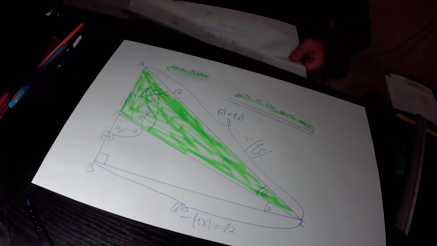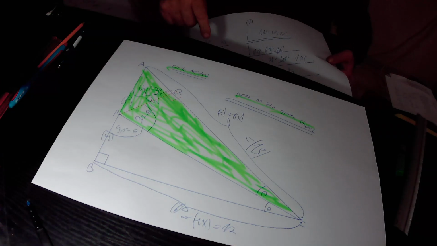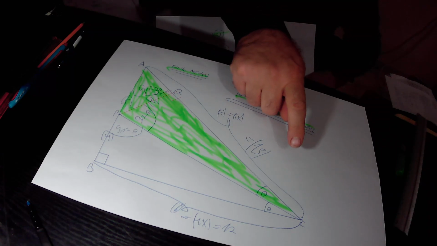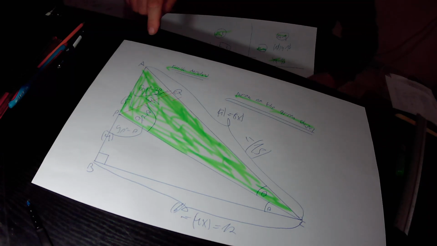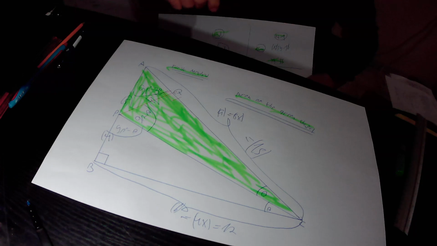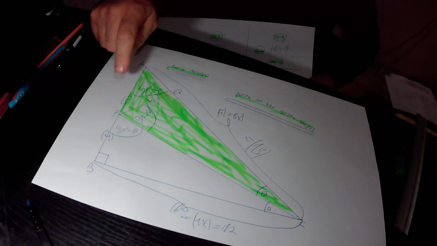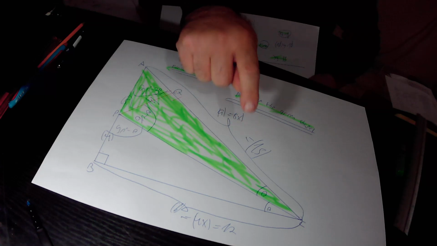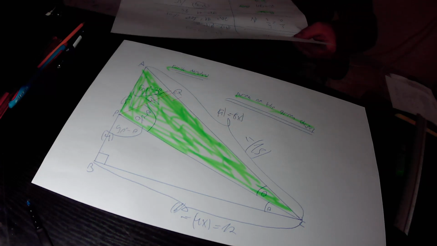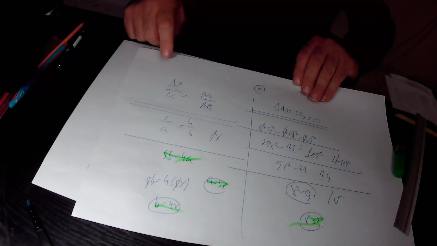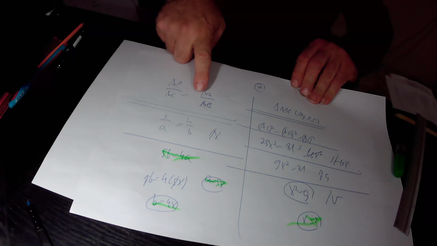Side AP of the green triangle APQ over side AC of the big triangle ABC is equal to side PQ of the green triangle over side BC of the big triangle ABC. Again, AP over AC equals PQ over BC.